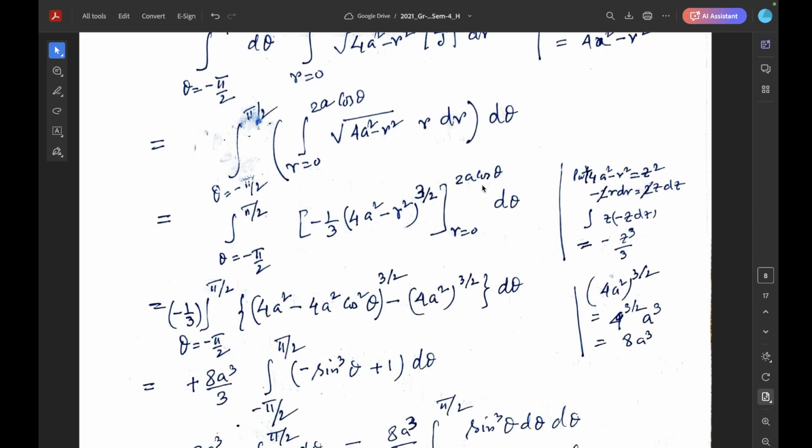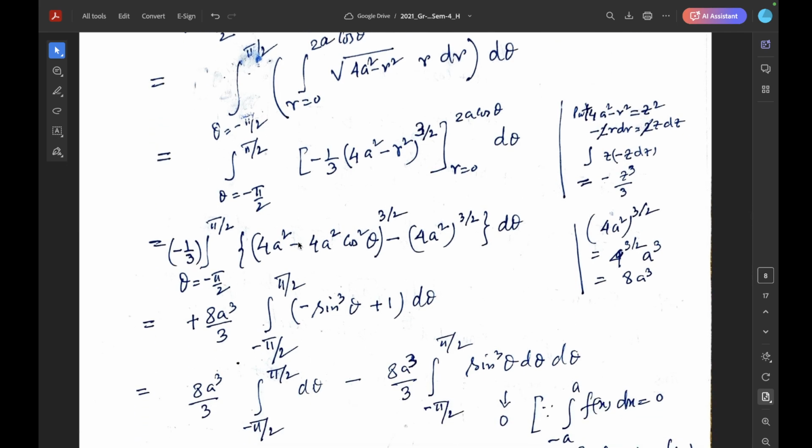So when r equals twice a cos theta, 4a square minus 4a square cos square theta whole to the power 3 by 2, and when r equals 0, 4a square whole to the power 3 by 2, taking common minus 1 by 3. So 4a square whole to the power 3 by 2 is equal to 4 to the power 3 by 2, a to the power 2 into 3 by 2, that is 2 to cancel, so a cube, and 4 to the power 3 by 2 is 8, so 8a cube by 3.